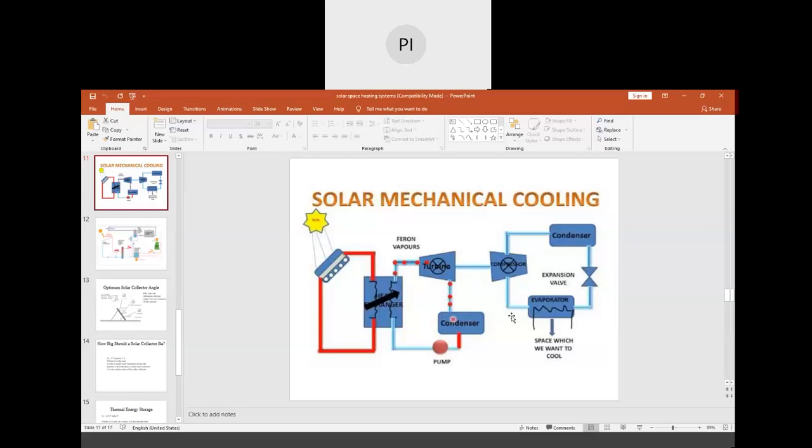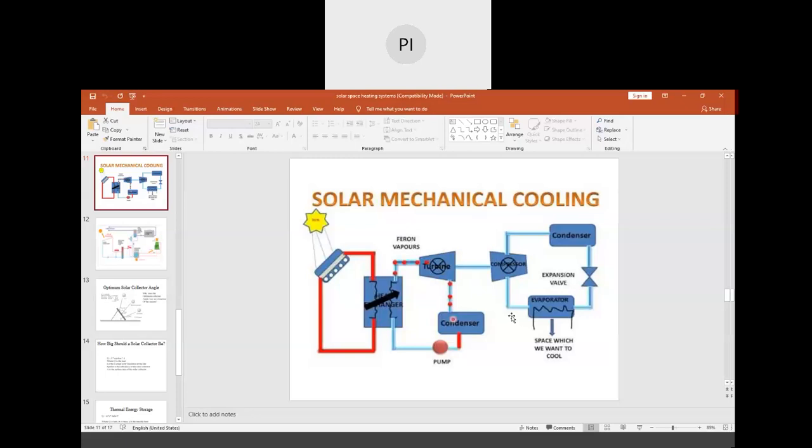The compressor compresses them to high pressure, so the pressure of the air in the compressor is very high. Then again it passes through the condenser and condenses, and the temperature is further reduced with the help of the condenser.